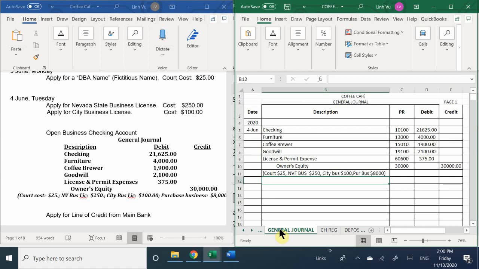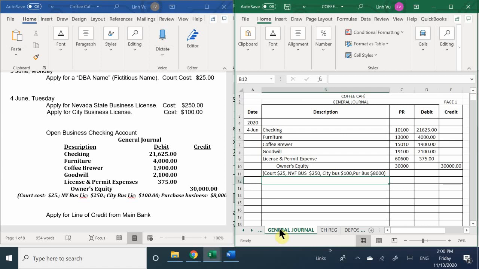So the next step here is I want you to place this piece of information into your general ledger. I want you to post every single transaction that you've done. I want you to practice posting it directly into your ledger. Why?